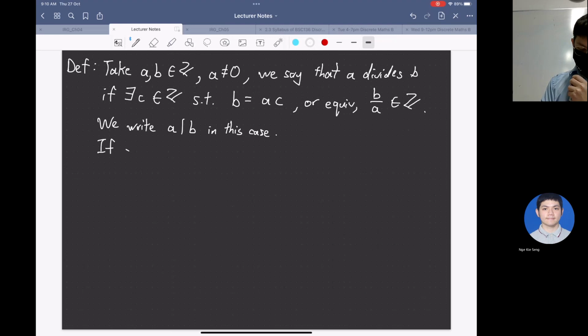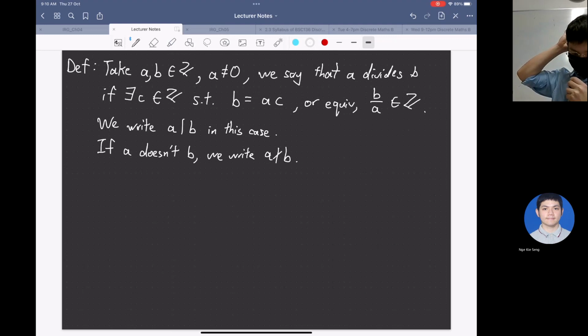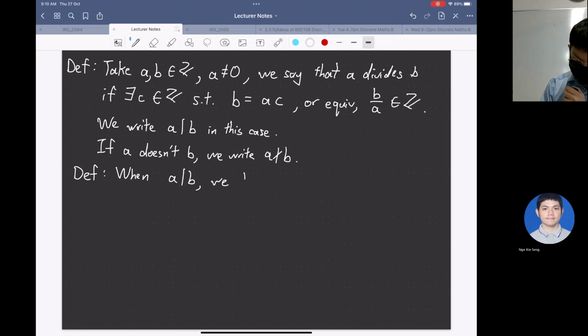And if A doesn't divide B, we write A doesn't divide B, with a slash, a straight line through the divides symbol. So when A divides B, we have B equals AC.